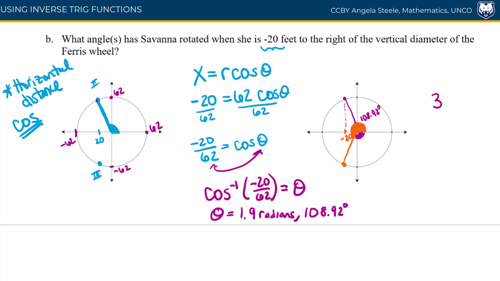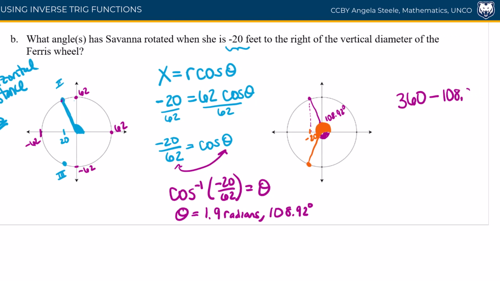So we could take 360 minus the 108.92, which gives us 251.18 degrees. If we thought about it in terms of radians, we could take 6.28, which is the full circle, minus the 1.9 that we don't want, and that would give us 4.38 radians.